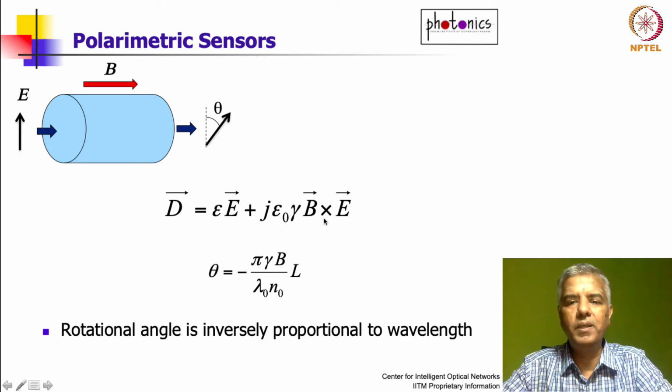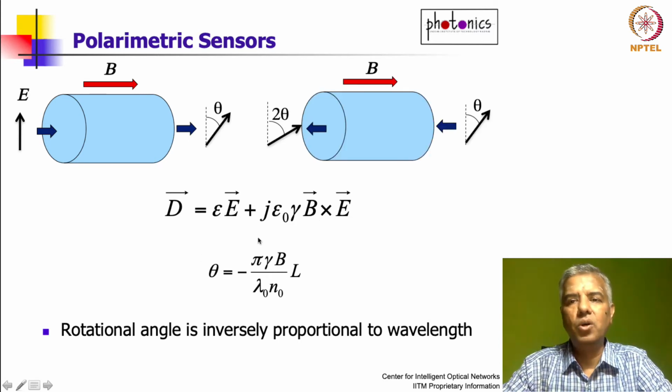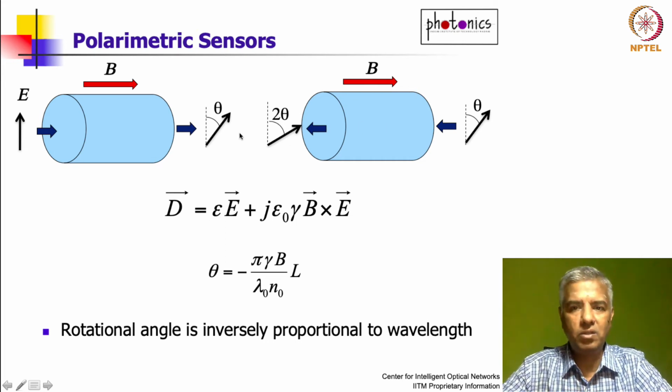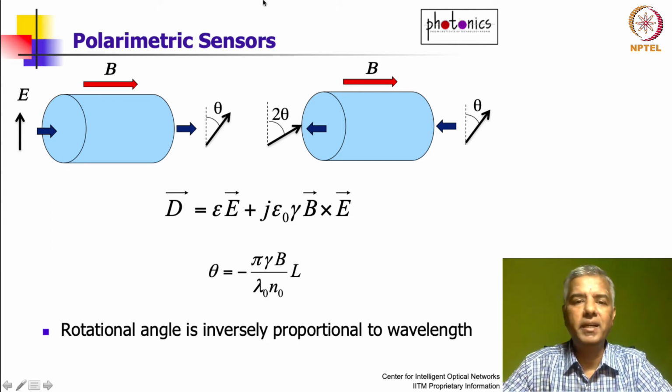So the sign of B changes, and correspondingly the sign of theta also changes. So instead of going back to the original polarization, you will end up getting 2 times the rotation that you have over here. This is what is called the Faraday effect.